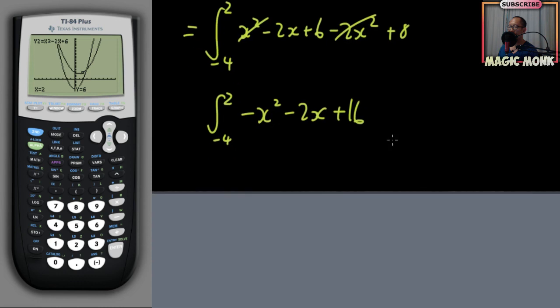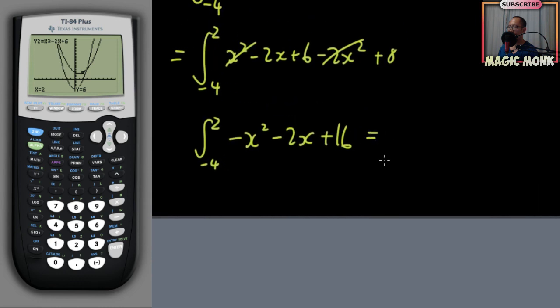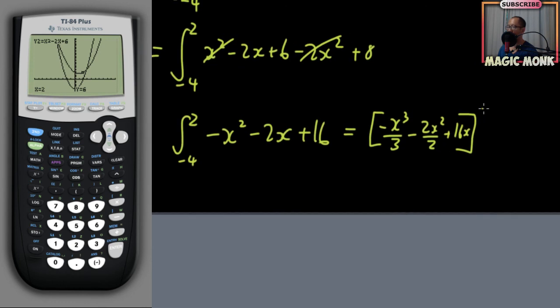So then you're going to integrate: negative x cubed over 3, minus 2x squared over 2, plus 16x, and then substitute 2 in, minus substitute negative 4 in.